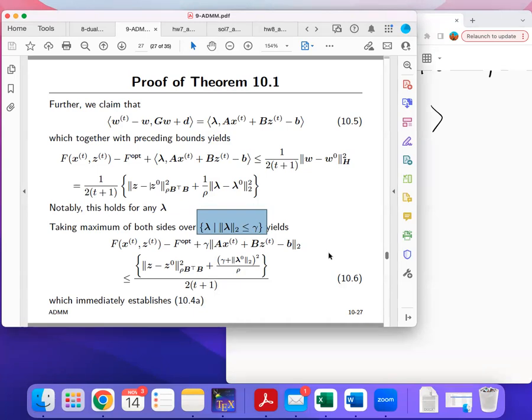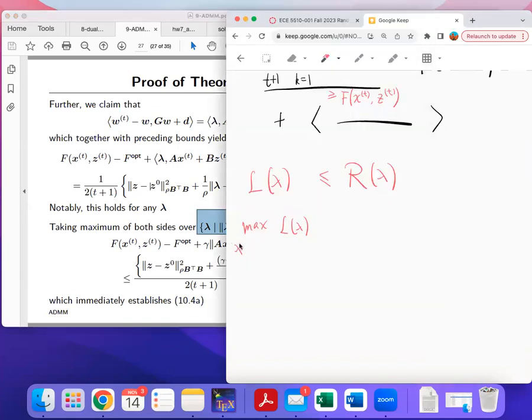Here specifically, we take the maximum over this range of lambda: the L2 norm of lambda should be less than gamma. This holds pointwise, so their maximum also holds. And then we can just work out these two maximums separately.